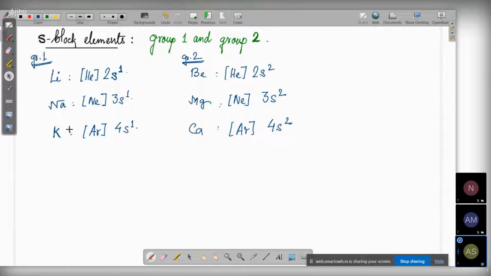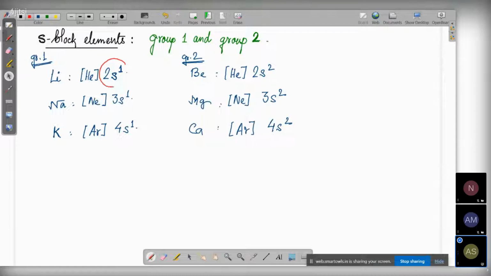So you see one thing, that is elements in the same group, their electronic configuration will look similar. See the group 1, in all the cases, it looks similar: 2s1, 3s1, 4s1. That means one electron in the valence shell, and that electron is present in the s orbital.